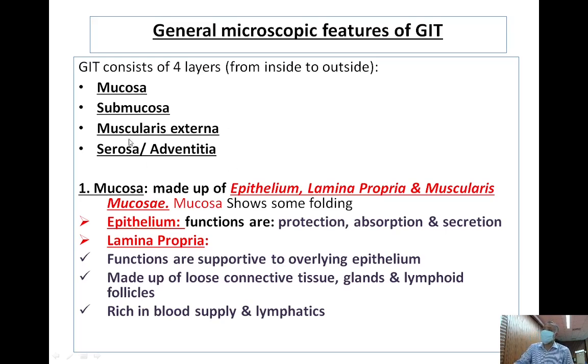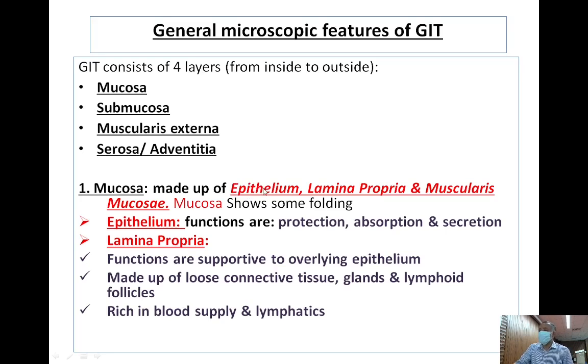Now come again to the mucosa, the innermost part. The mucosa itself has 3 layers from inner to outer. The innermost is the epithelium, which in some books is written as the lining epithelium.